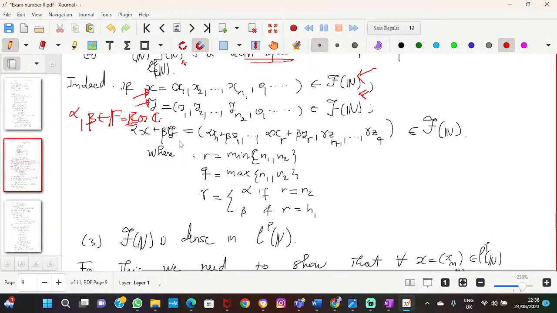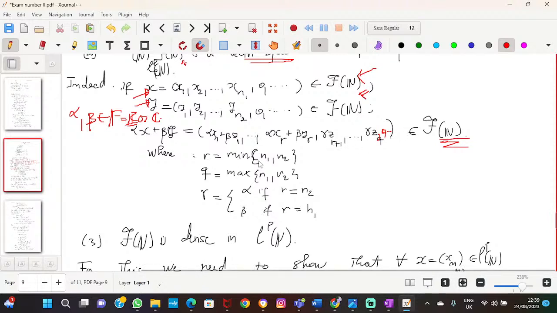If you take this linear combination of x and y with the scalars alpha and beta, we will always get an element of this calligraphic F. So compute this. This is just alpha x1 plus beta y1, and you continue like this, alpha xr plus beta yr, and then you continue with beta y r plus 1, up to beta yq, and 0 everywhere for the remaining.